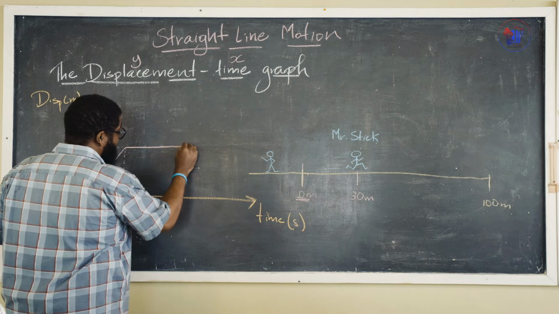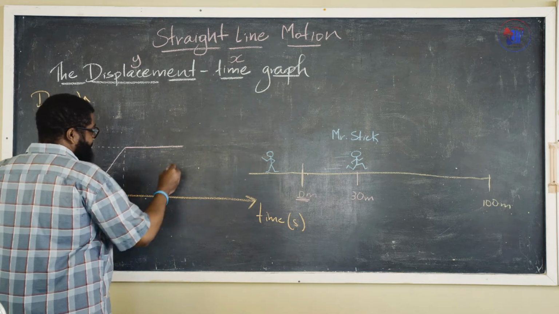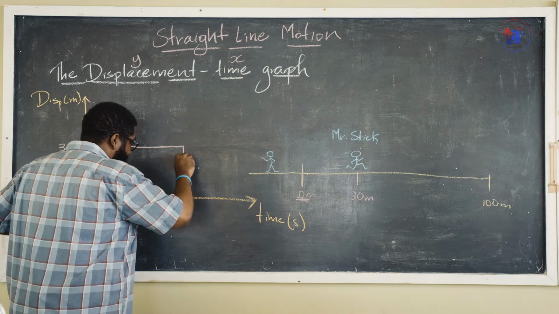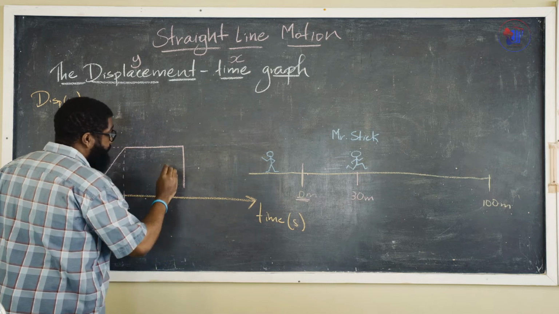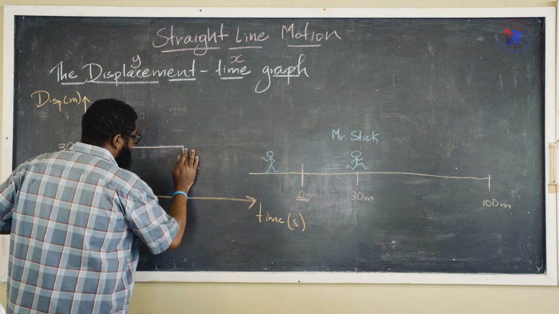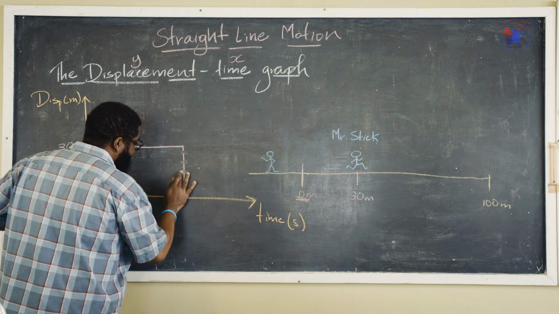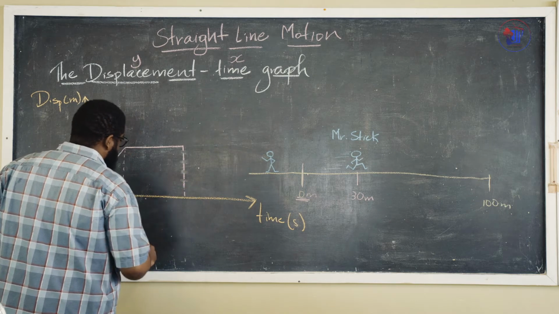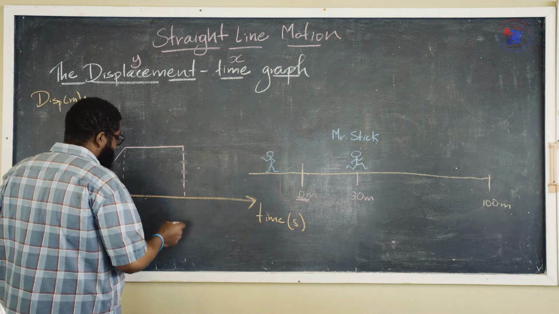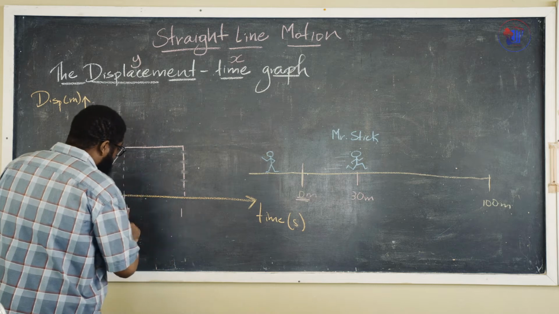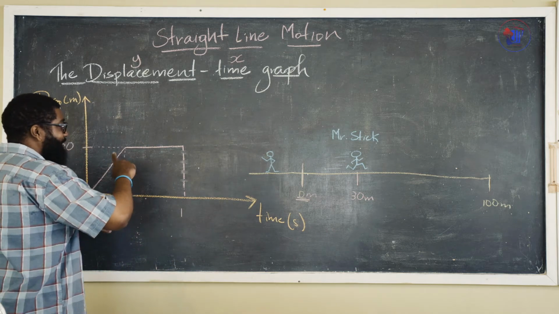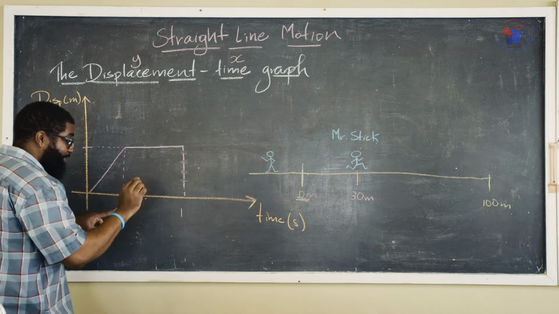Now our boy has a bad cramp and Mr. Stick stays at 30 meters. This line should be broken, forgive me for that. I'll make it broken now. Ta-da, broken line, good. He stays here for, let's say, another 10 seconds. So from here, he stays at this distance for 10 seconds.